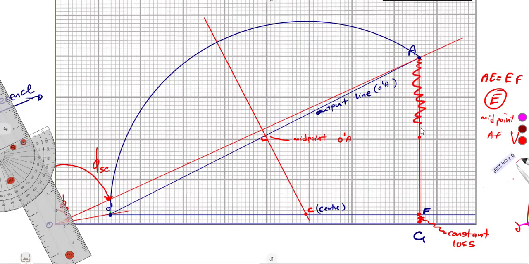According to my presentation, it is supposed to be 4.5 centimeters from A to E, and also 4.5 from E to F.